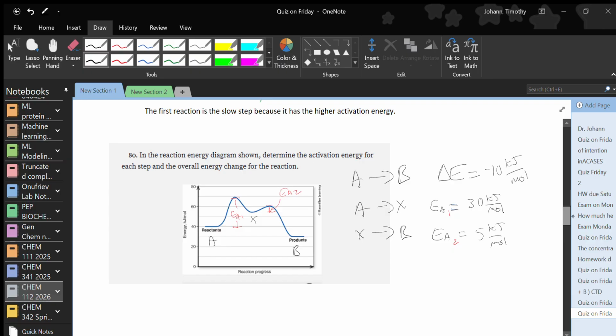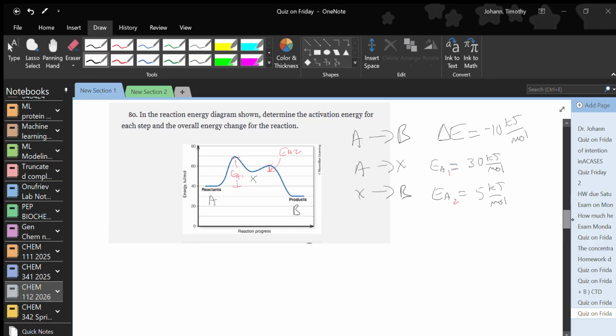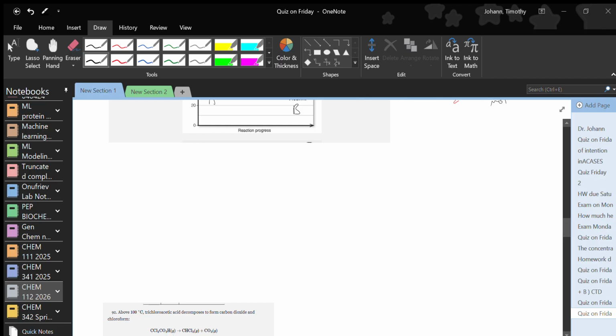It's going to get more mathy even. All right, so we have an equation called the Arrhenius equation, and a lot of it is very similar to what our Clausius-Clapeyron equation was.